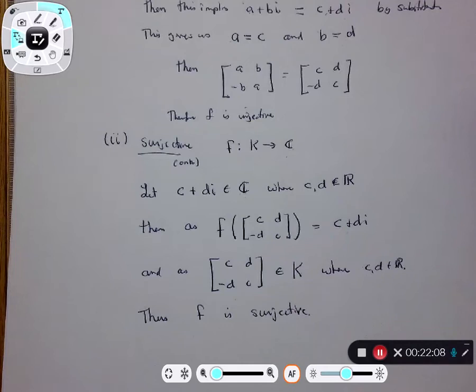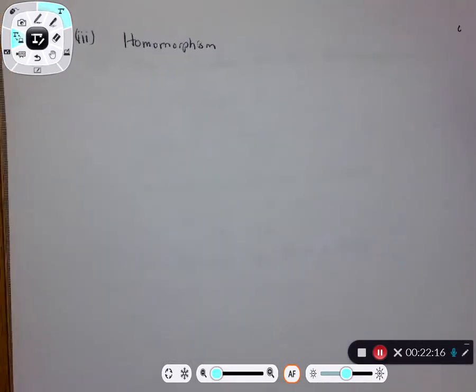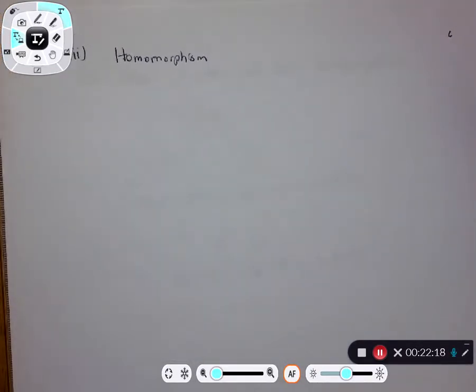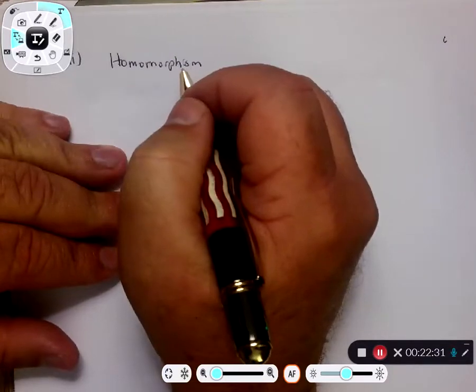Now the big one obviously shows up when it comes to the third case, and the third case is the homomorphism. To show the homomorphism, remember, we're going to give ourselves a couple of elements.